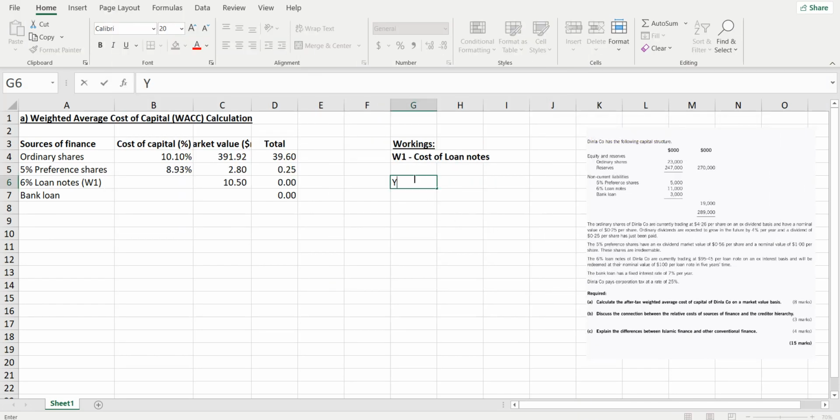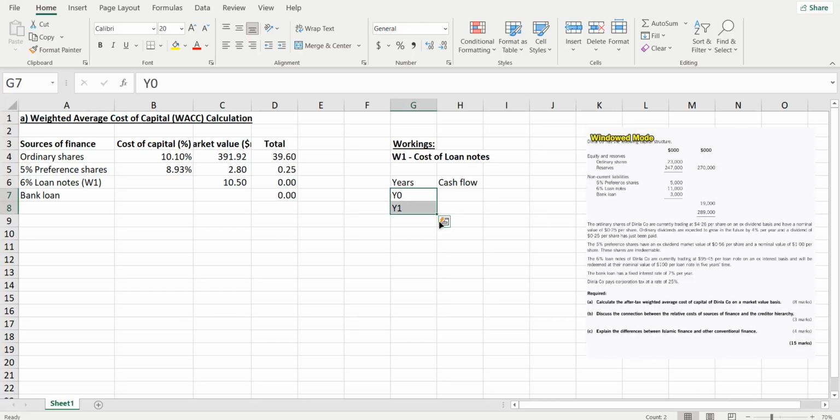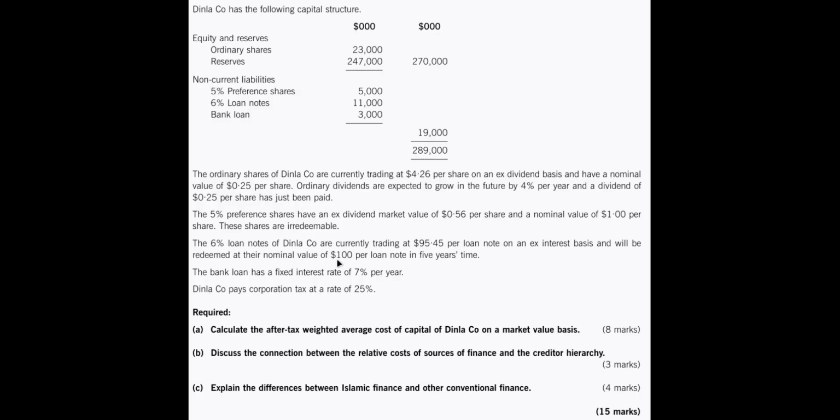So let's see, years, cash flow, year 0, year 1, for how many years? 5 years. Calculate.